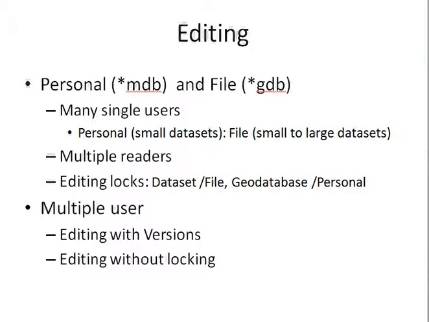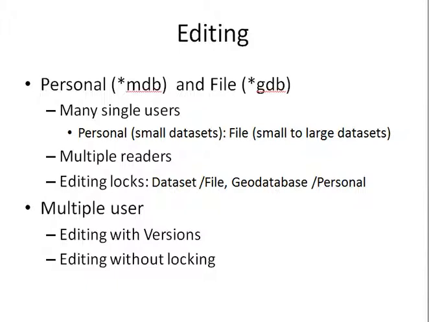So a personal geodatabase has the suffix MDB. A file geodatabase has a GDB. Both of them can have many single users, so that with a personal geodatabase you can look at very small data sets, and file geodatabases let you accommodate larger geodatabases, I think up to a terabyte.